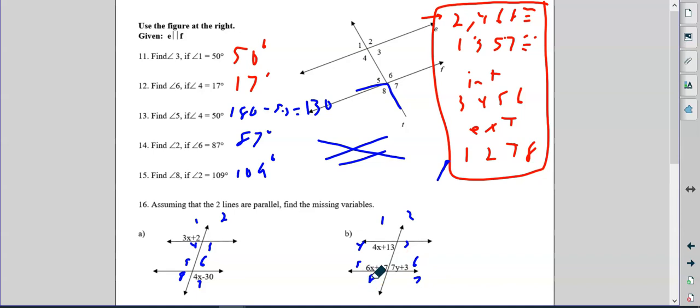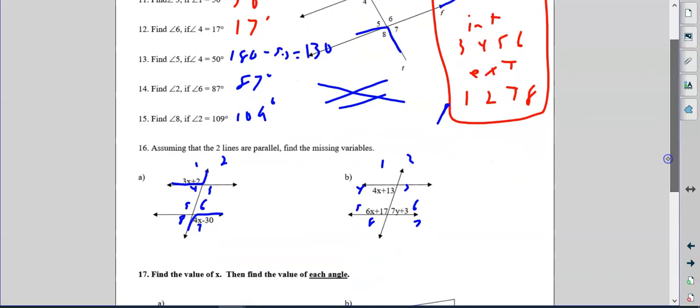I have a chart that tells me which ones are the same. So what do I have here? I have angle 1 and angle 7. Well, we know up here that they're all the same. So that tells me they are equal. I also know because they're alternate exterior, but I'm just giving you another hint to make sure you set this up correctly.